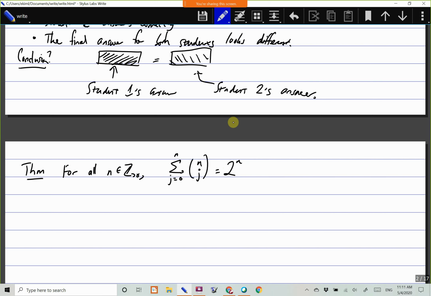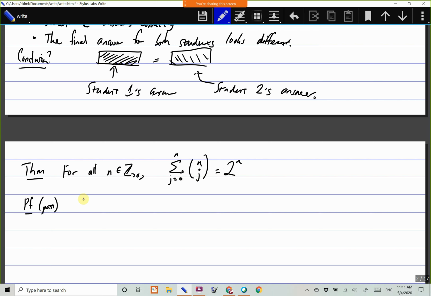Again, we're going to use the method of combinatorial proof. So 3 steps: come up with a counting problem, and then answer it once, and then answer it a second time.